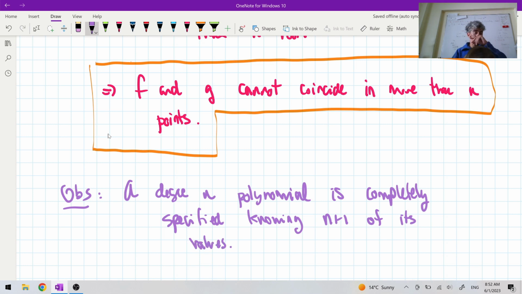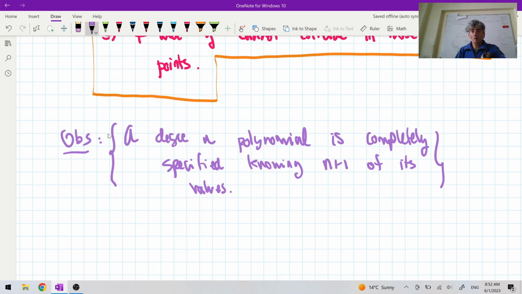Okay, so there are n+1 constants that completely specify a polynomial. This correspondence between values and degree is of utter importance.